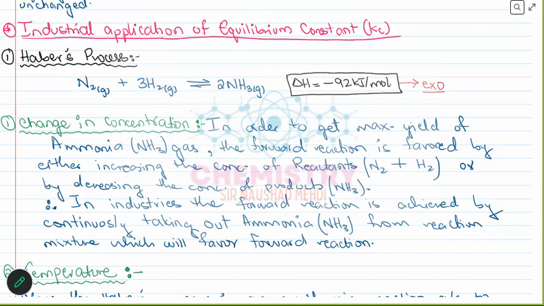There are a total of 4 moles on the reactant side, and on the product side, we just have 2 moles. According to the industrial application, we want the reaction to go in the forward direction, right? Because we want a higher yield of ammonia gas. So what do you think? Should the pressure be kept high or low to favor the forward reaction?